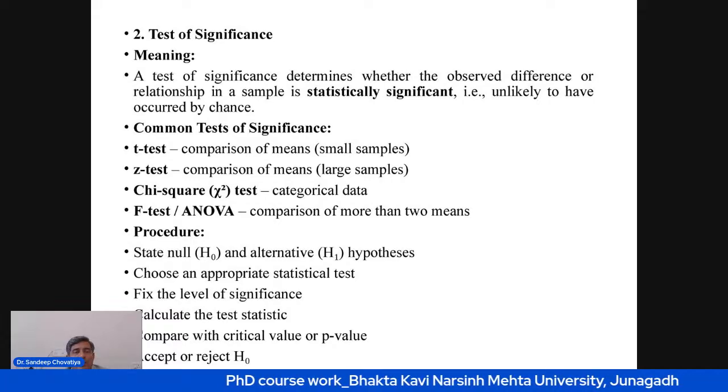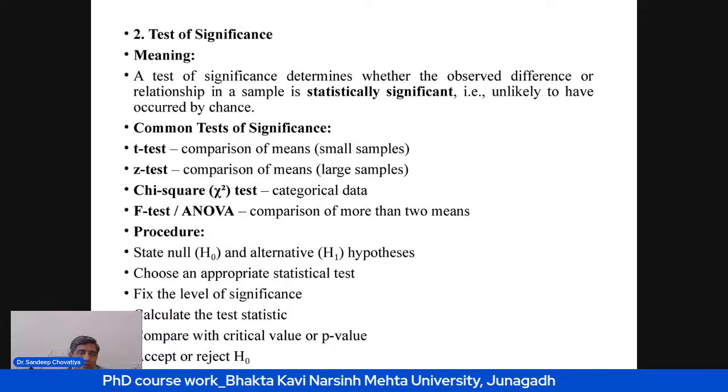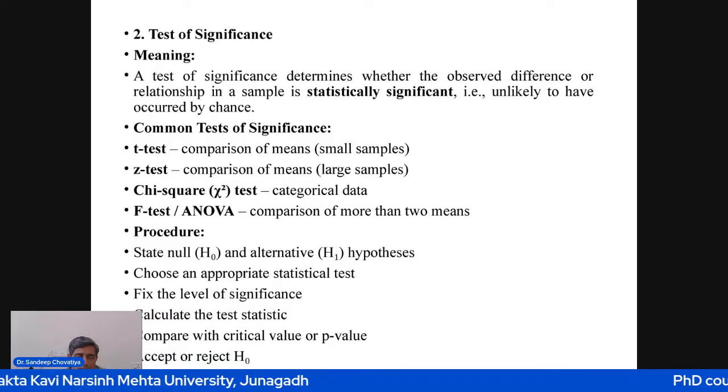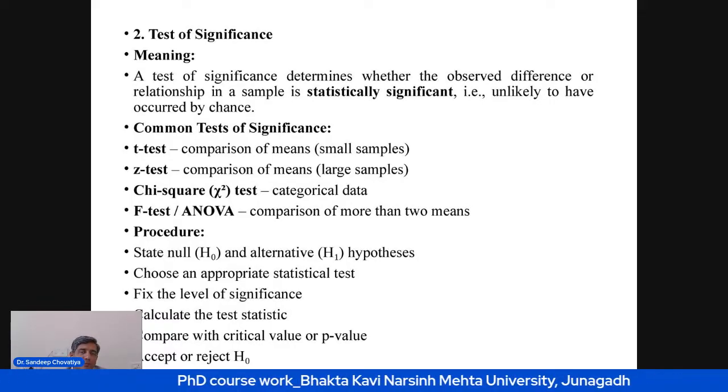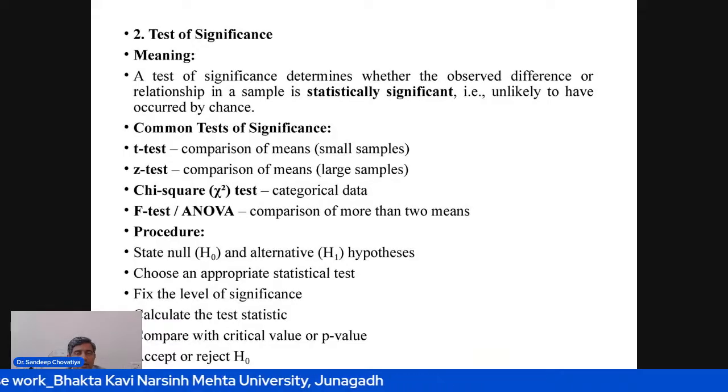Okay. Many tests are there. Common tests for significance: t test, which is useful for small sample size. Z test, which is useful for large sample size. Chi-square, which is for categorical data.